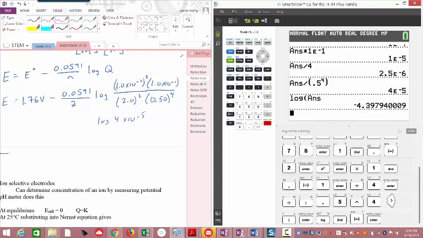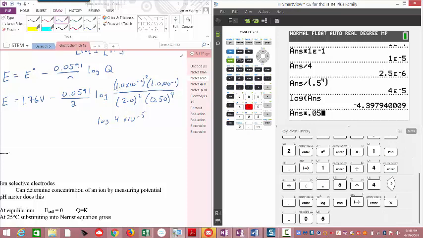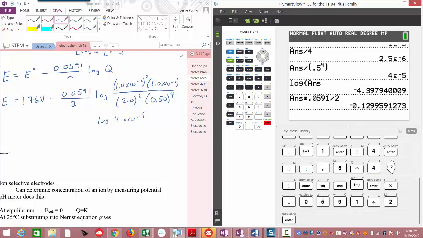Okay, so log of the answer. Now I multiply that by 0.0591 divided by 2. So I have 1.76 volts minus negative 0.129.